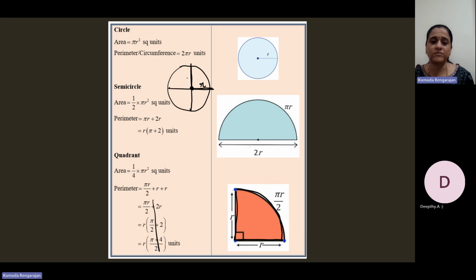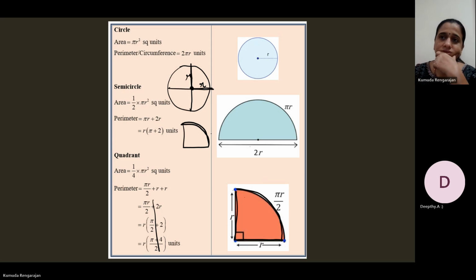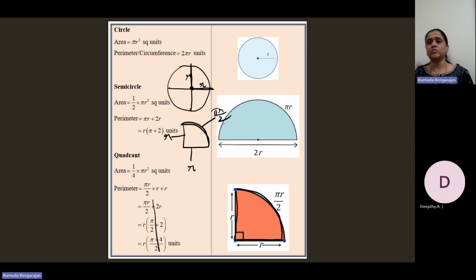So radius plus this one, which is 1/4 of the boundary of the circle. So 2 pi r by 4, which is pi r by 2. So r plus r plus pi r by 2 is the expression to find the perimeter of a quadrant.